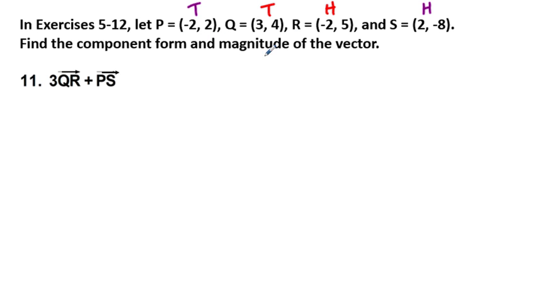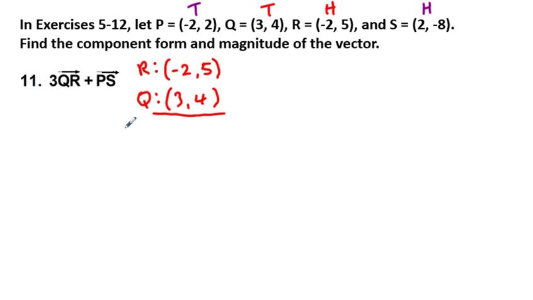So I kind of color-coded. Go back to the red one first. We have R, which is -2, 5, and Q is equal to 3, 4.